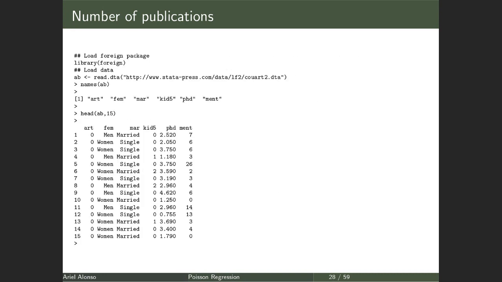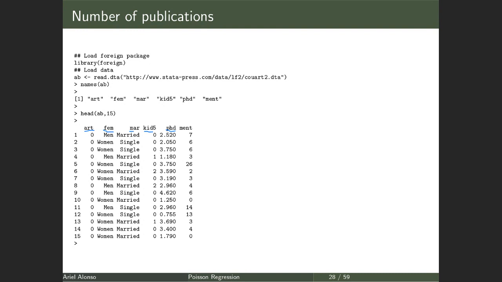Okay, here is our data set. You have the variables: the number of articles published by the student, the gender of the student, the marital status of the student. Then you have the number of children under 5 years. Then you have the prestige of the program, which is some kind of index.